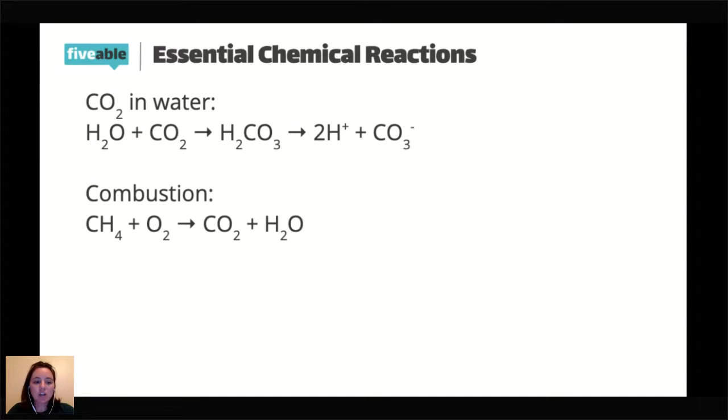But you have a hydrocarbon interacting with oxygen, and then that creates carbon dioxide and water, water vapor, and light and heat, because usually it's exploding something in combustion. All right. Any questions about chemical reactions?